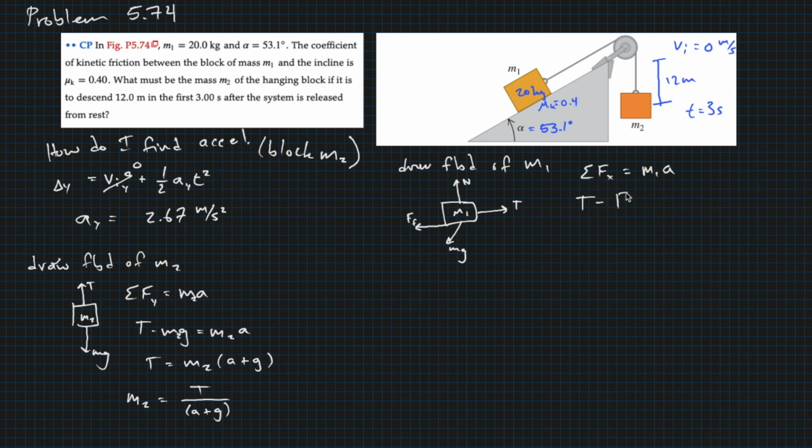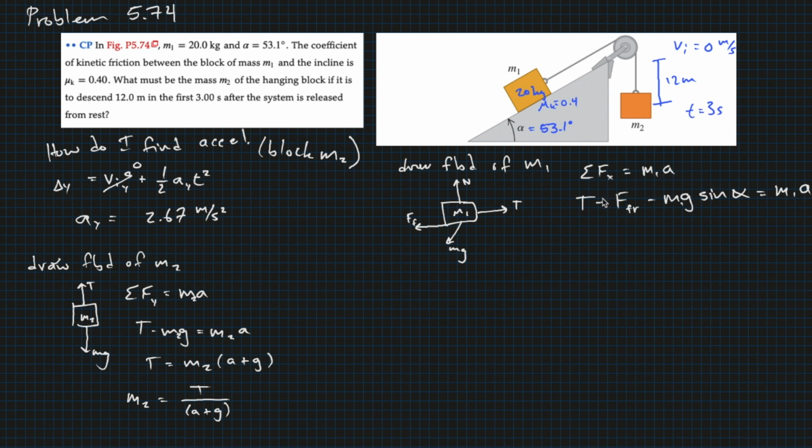I've got the force of friction going in the opposite direction, more importantly in the negative direction. And then also the component of mg, the horizontal piece of that, which is going to be mg times sine of the angle alpha, which we know what it is, but I'm just leaving it as a variable for a second. And all of that is equal to m1 times acceleration.